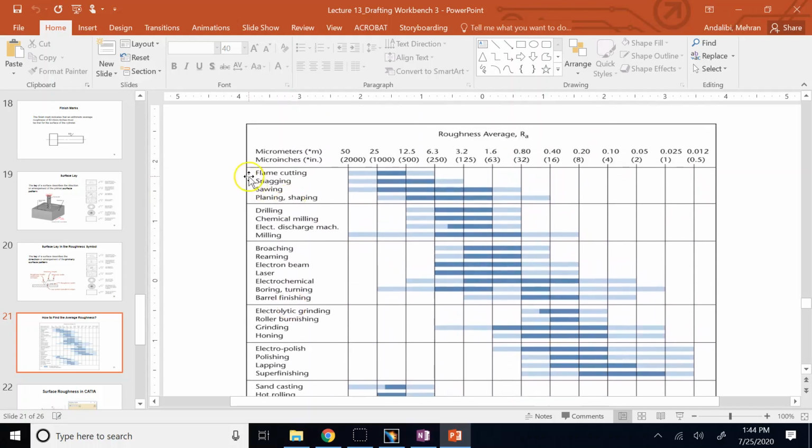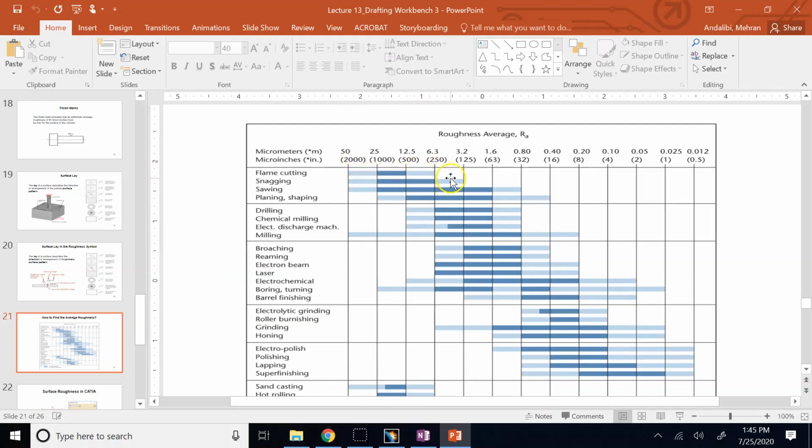For example, if you cut something with flame, right? If the way that you created the surface was you cut an object in half and you created two surfaces, then what is the average roughness of the surface when you did flame cutting? Well, this one tells you if you are looking in micro inches, you can go anywhere in this light blue band, between 250 to 2000 micro inches.